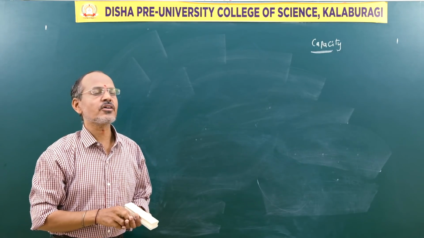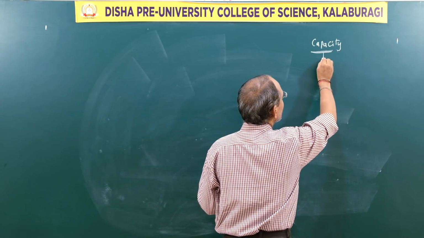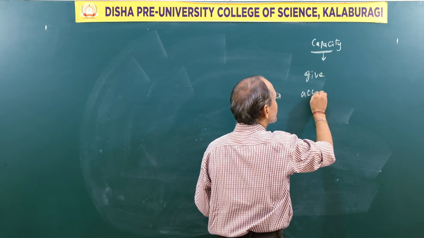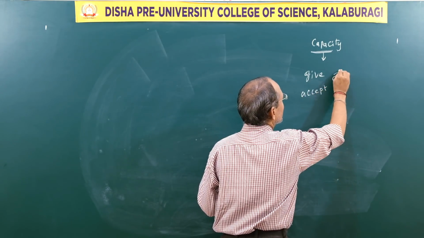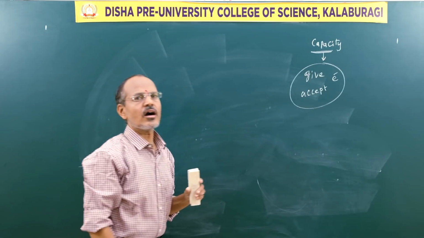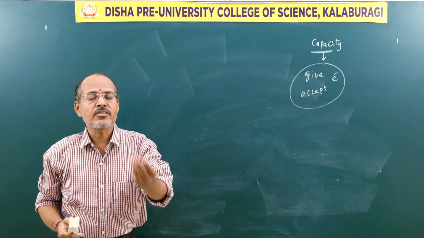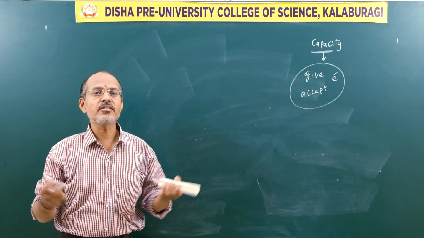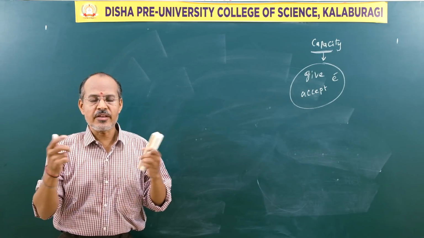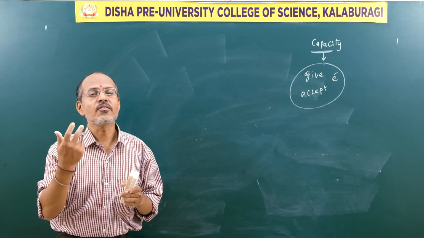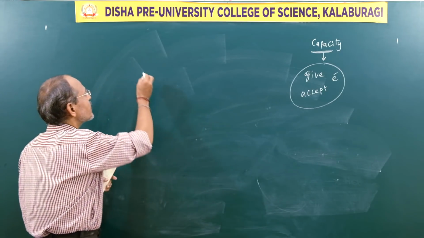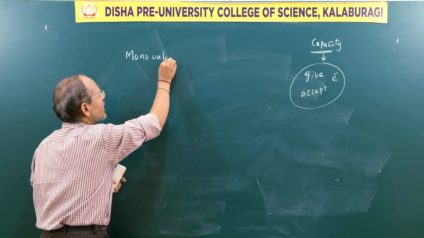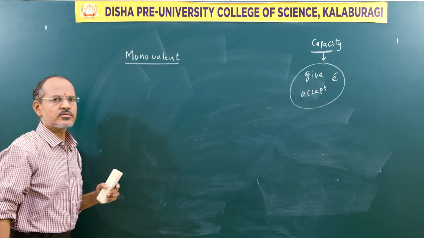That is purely based on their capacity to donate or accept the electrons, or you can say based on their valency. Valency means combining capacity. Based on their combining capacity or valency, they are classified into monovalent, both cations as well as anions.